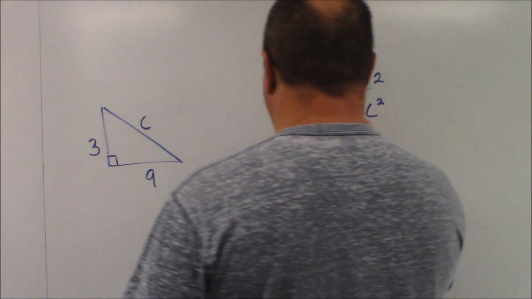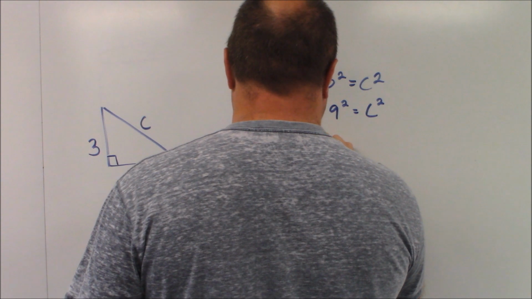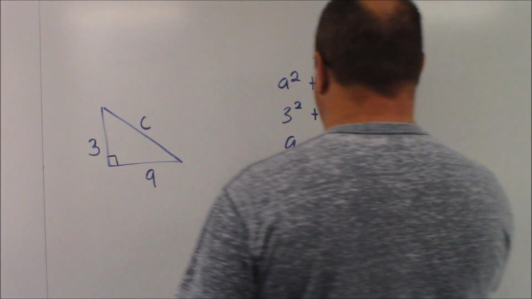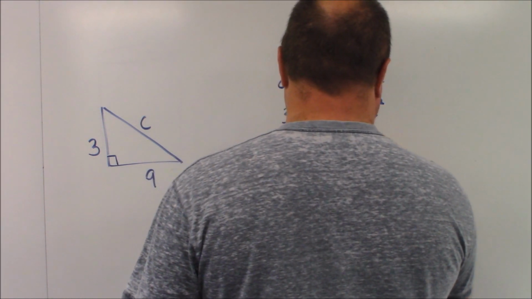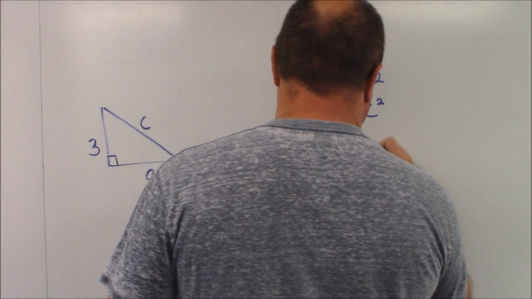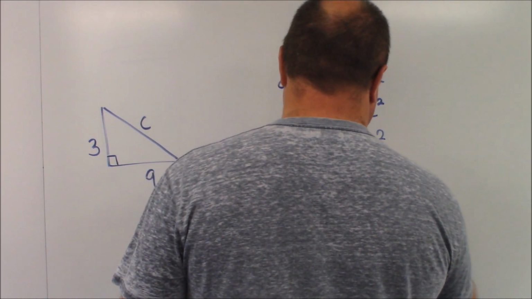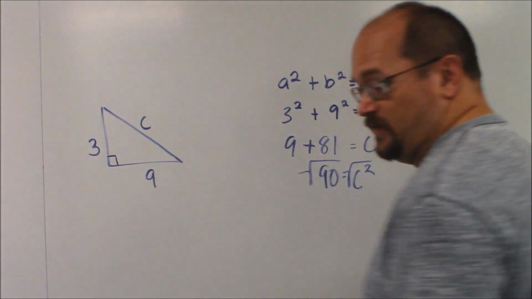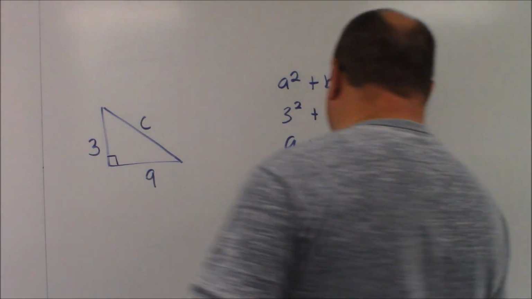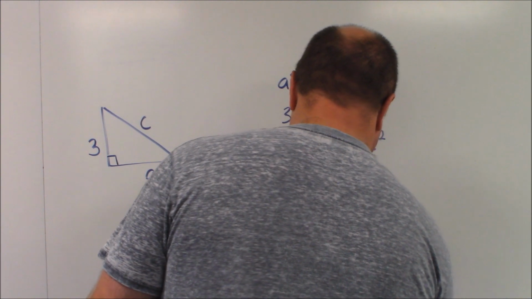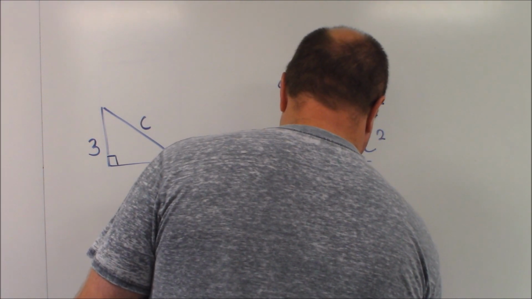I'm just going to write this out. 3 times 3 is 9. 9 times 9 is 81. Then we're just going to find the square root of 90, and we're going to get about 9.5.